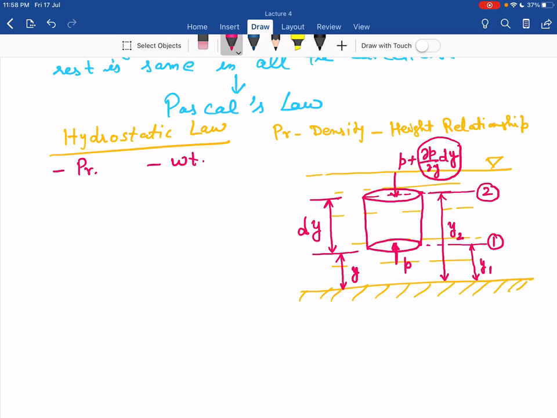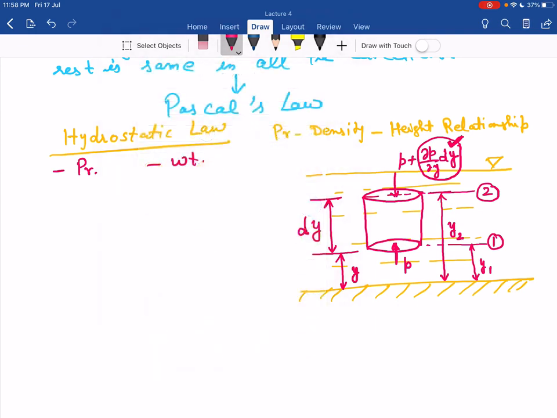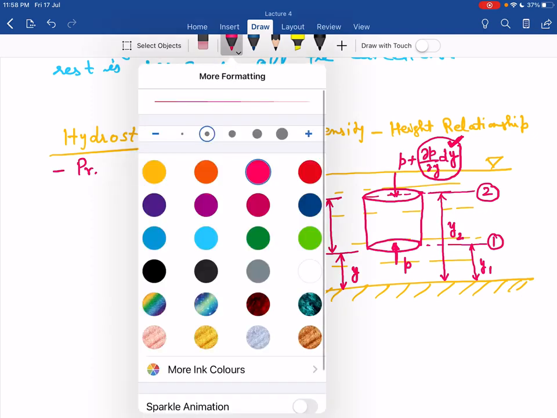So that we write as ∂P/∂y into dy. Now the third force which acts on this element is the weight, and that weight acts in the downward direction.